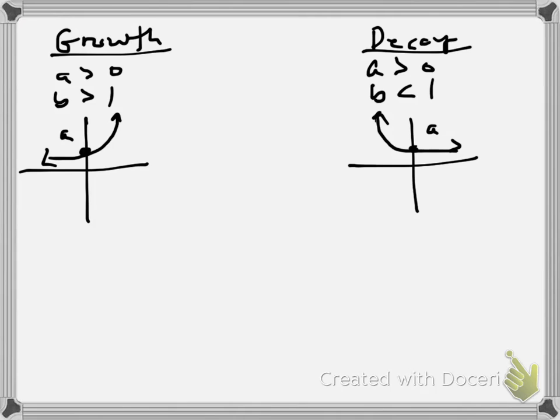Now, if I were to make a negative in this case, so again we have the form f of x equals a times b to the x, what I would be doing is reflecting this graph across the x-axis.